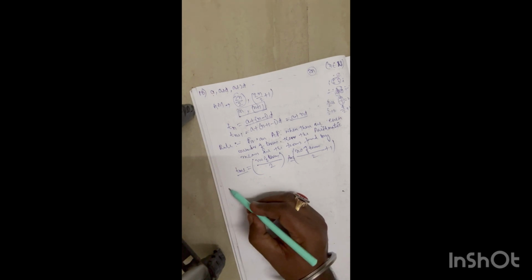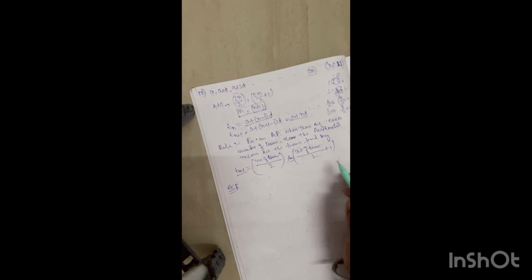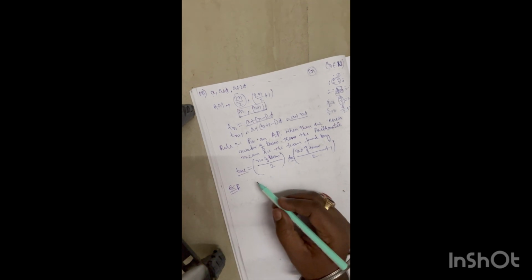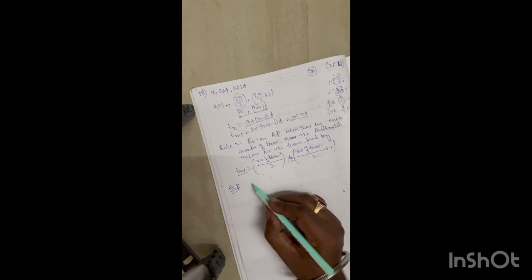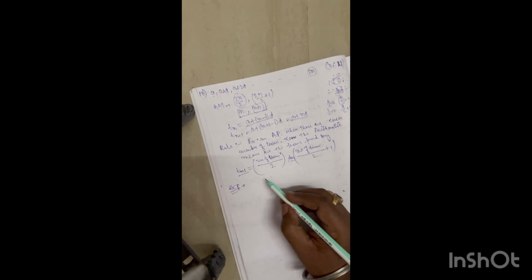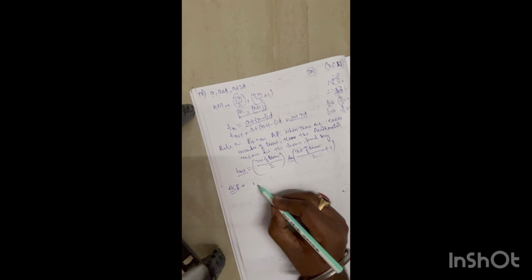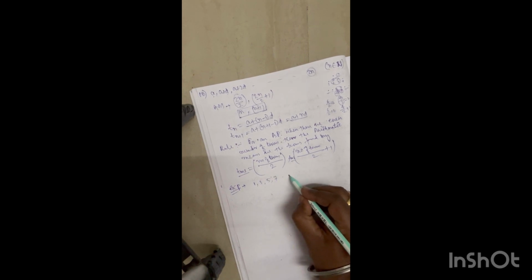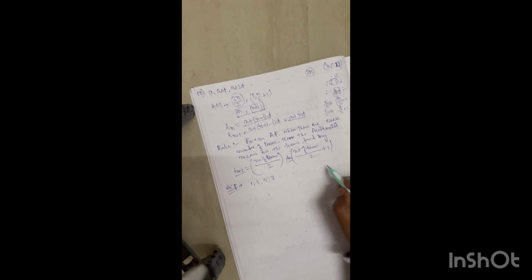Now we'll see one or two examples on that, then we'll proceed to the next rules. Let me take a practical example where the series is 1, 3, 5, 7 and so on, having terms up to the 50th term.